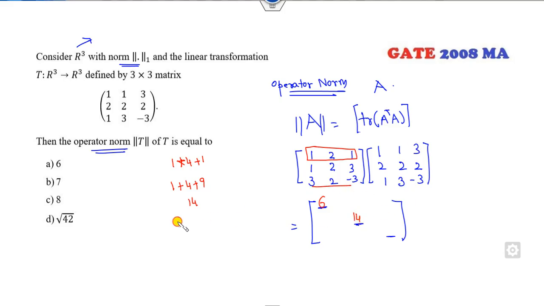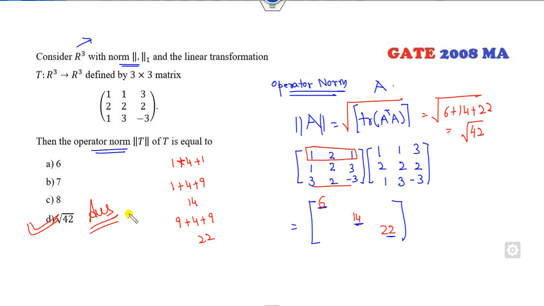Third row, third column: 9 plus 4 plus 9, so 22. So what is the right answer? The trace is 6 plus 14 plus 22, so 42 is the right answer. You can simply find the trace of A transpose A because it's a matrix value.